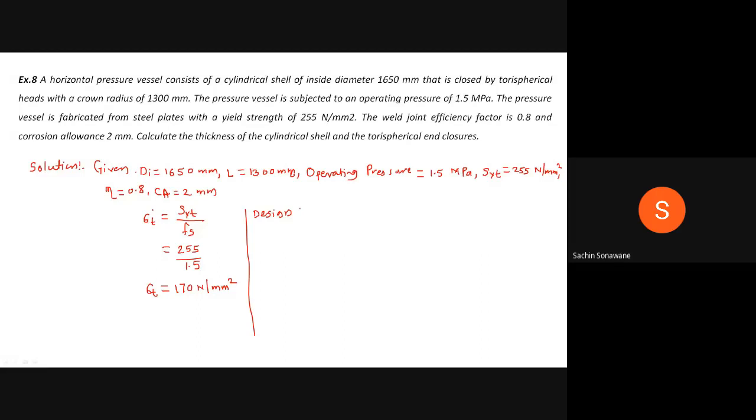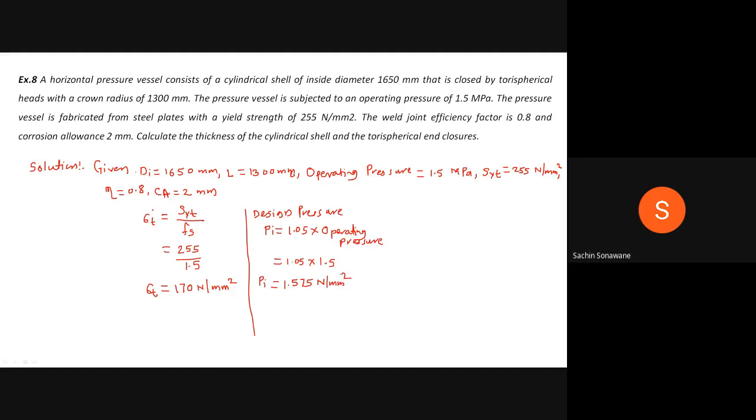Design pressure PI is equal to 1.05 into operating pressure, which is equal to 1.05 into 1.5, which is equal to 1.575 Newton per mm square.